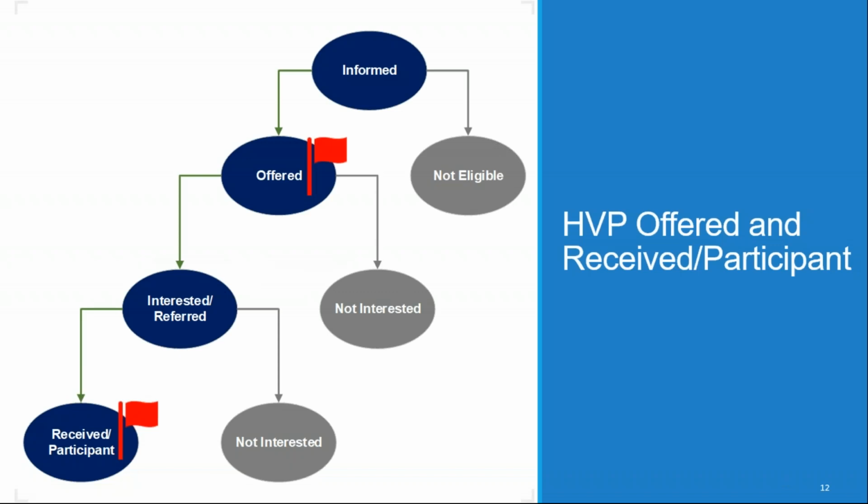Perfect, thank you. And then one other question, do you have written guidelines to match slide 12? And slide 12 is that flow chart that walks you through the various process to get somebody to the offered or participant point. So do we have anything in writing currently that explains that?